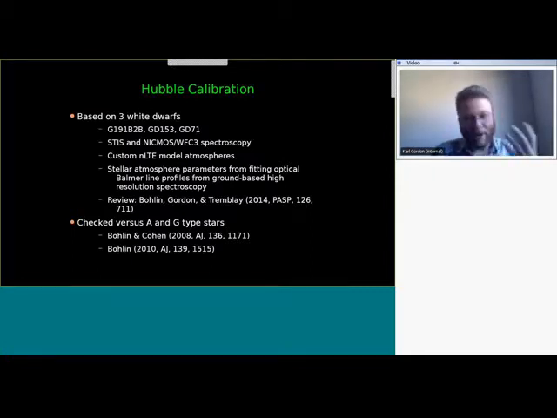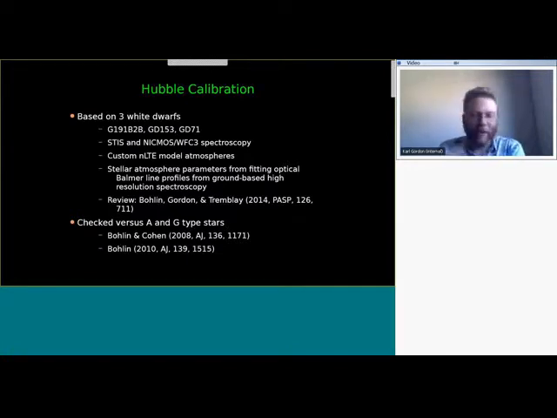The stellar atmosphere parameters like log g, T effective and metallicity, though in this case not much metallicity, are fitted using optical Balmer line profiles, taken from ground-based high-resolution spectroscopy. How those Balmer line profiles are broadened and how deep they are are measurements of both the effective temperature of the star as well as the gravity.